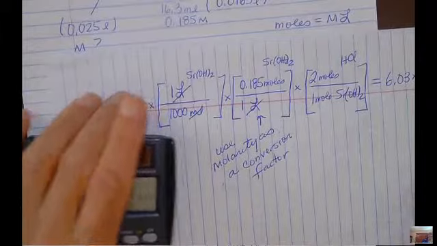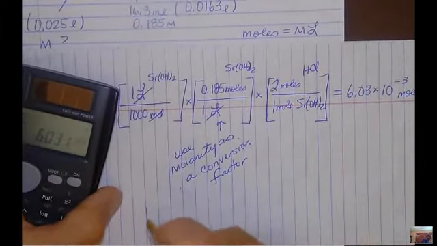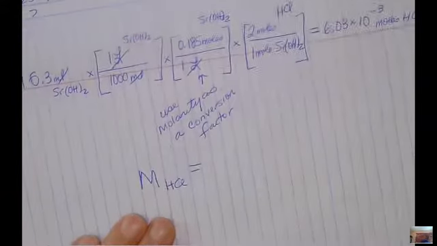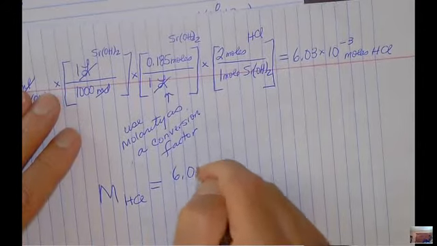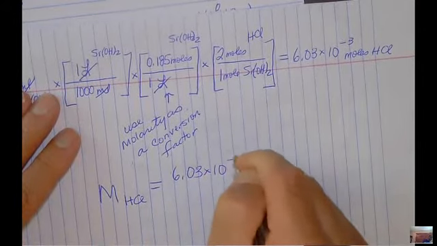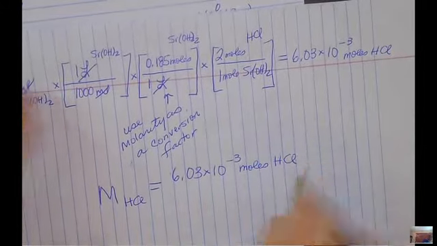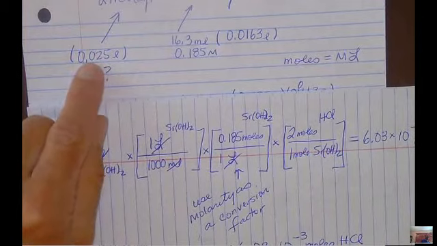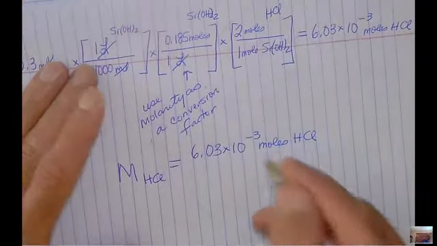And the last step, really, you just need to take this number and divide it by the volume. The molarity of the HCl, the molarity of anything, is its moles divided by the number of liters of the solution. Which number of liters? The original amount. The original amount was given to you in the question, I'll show that to you in a second, as 0.025 liters.